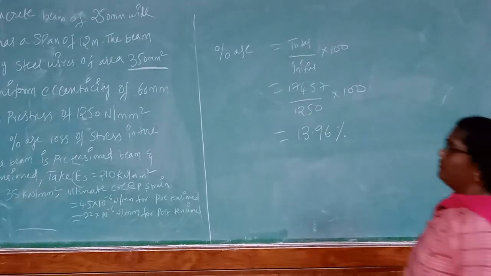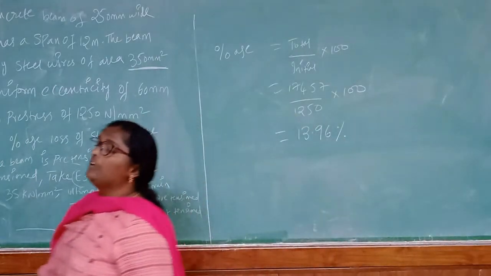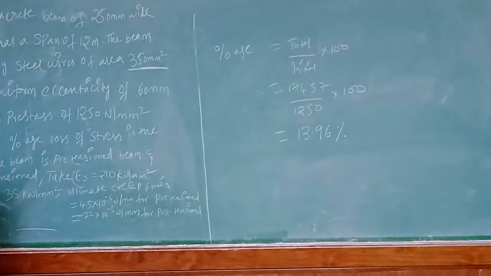Listen everyone. In the pre-tension we have calculated 4 losses, and in the post-tension we have calculated all 6 losses. In the post-tension member we will not have the elastic shortening.